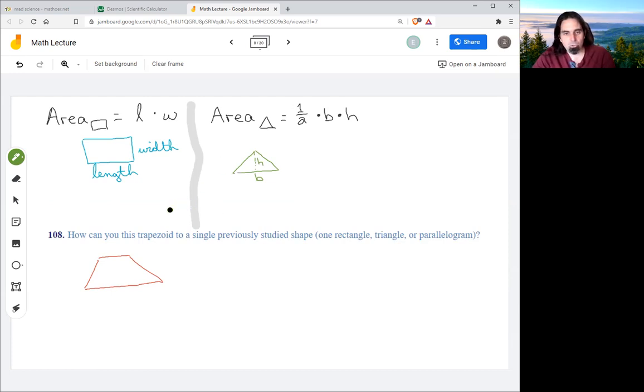But what I can do is draw a square that barely fits it. And then I notice that this part and this part match. And also this part and this part match. So I've doubled my triangle to make a rectangle. And look, this is just length written as a base and width written as a height.